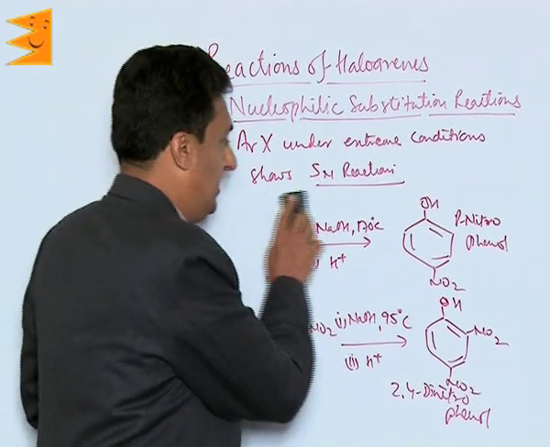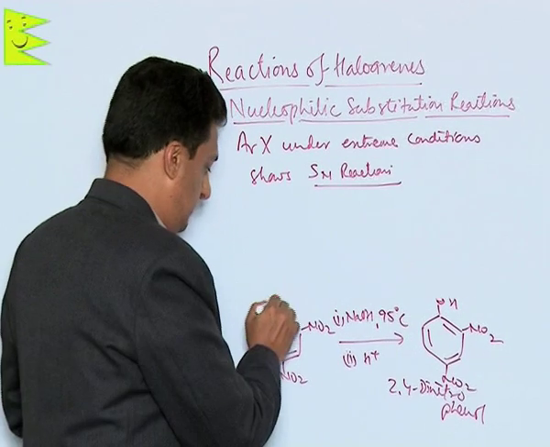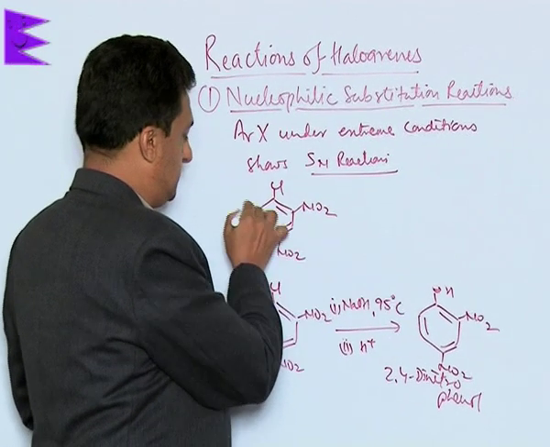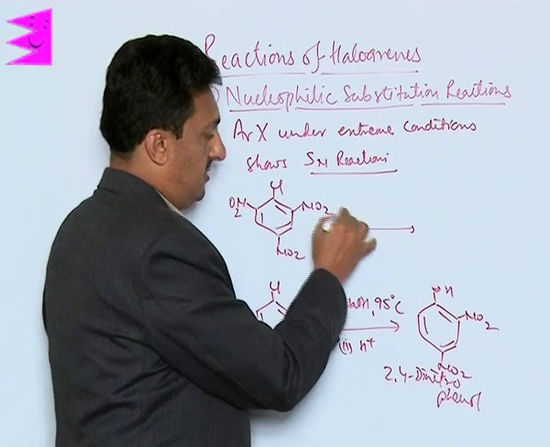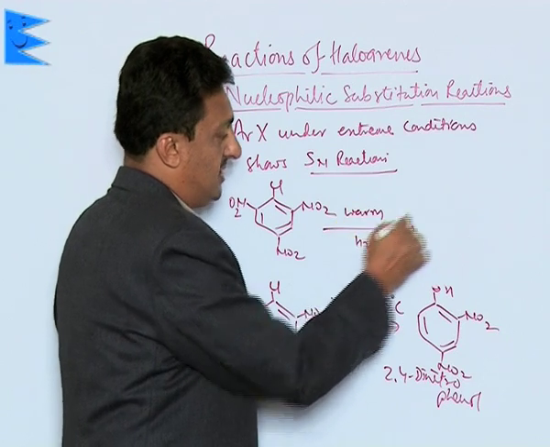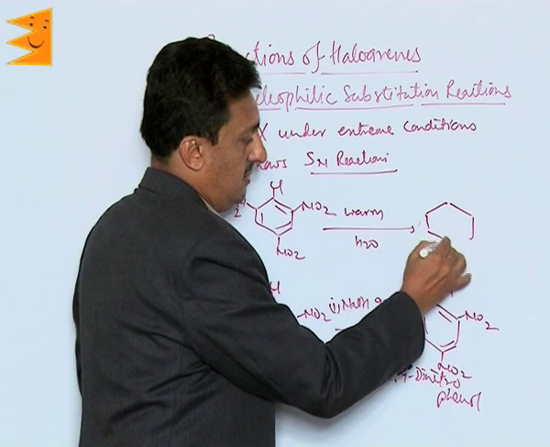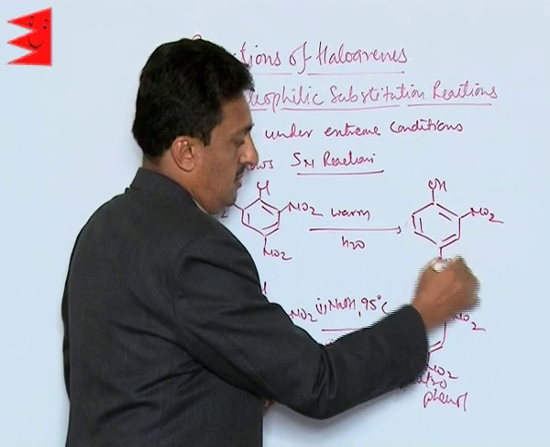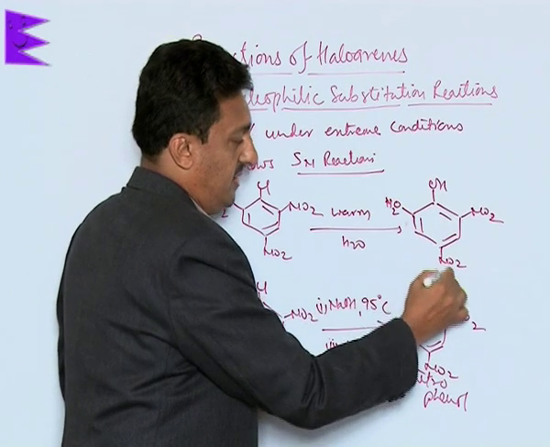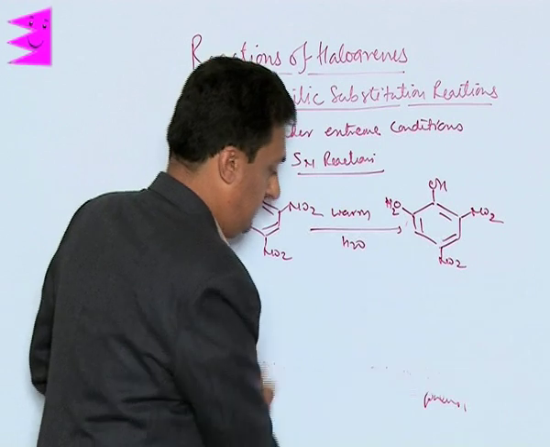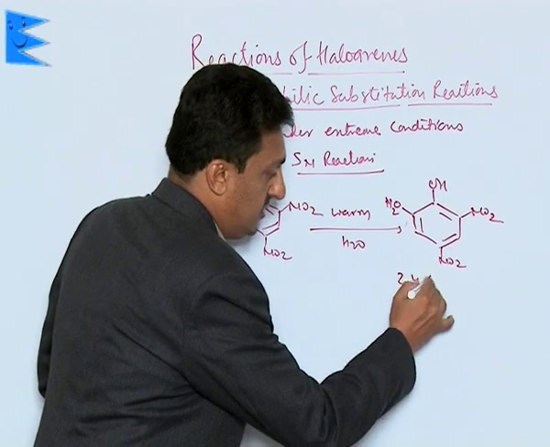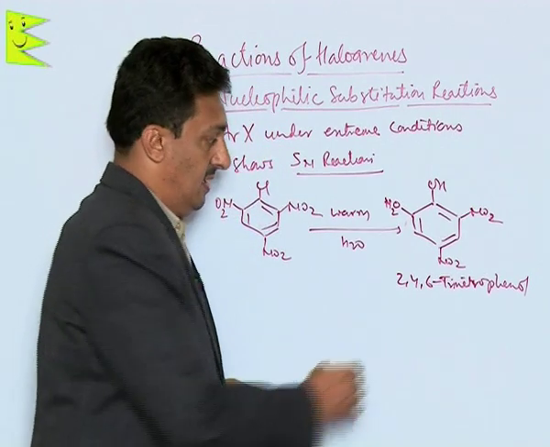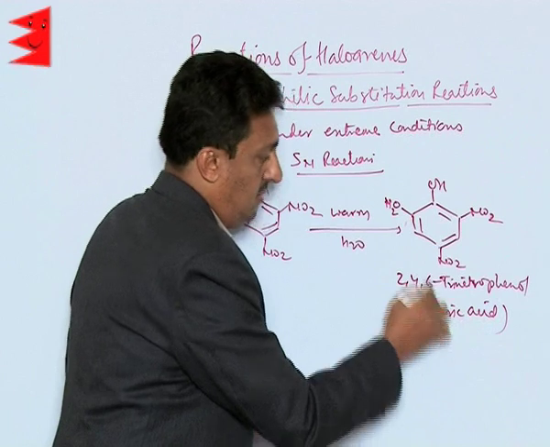And what we find is, if we have three such groups, electron withdrawing groups, even warm water is easily able to replace the Cl by an OH group, and the compound formed is called 2,4,6 trinitrophenol, which is also called picric acid.